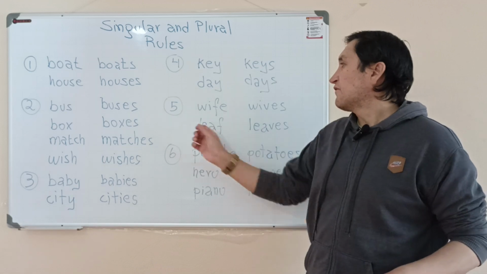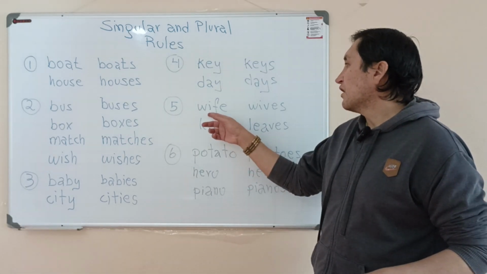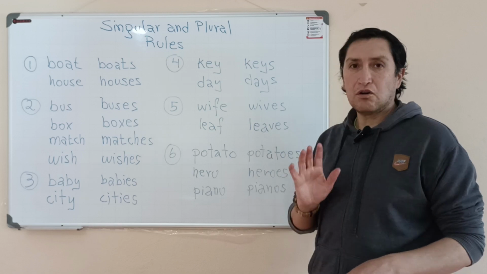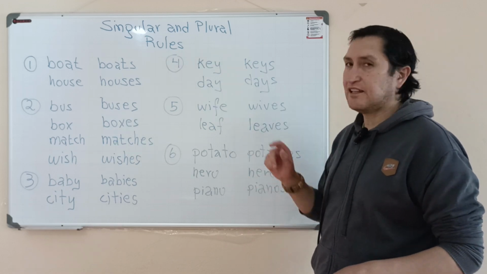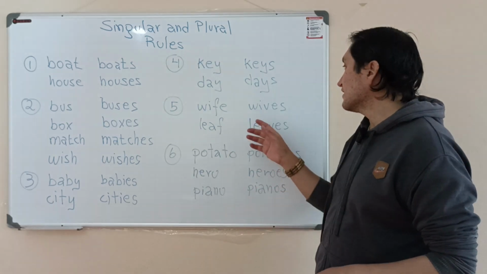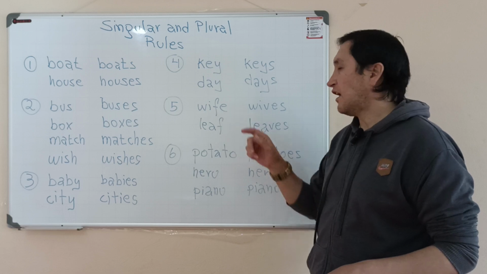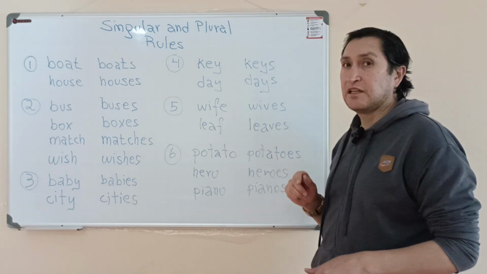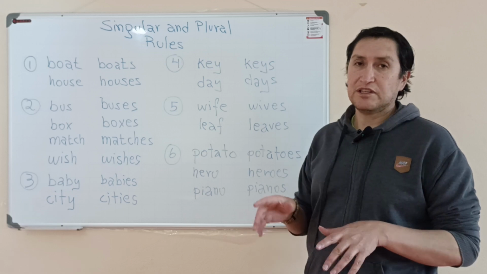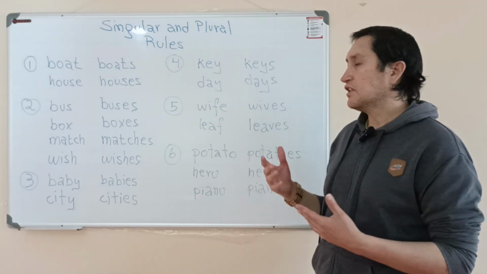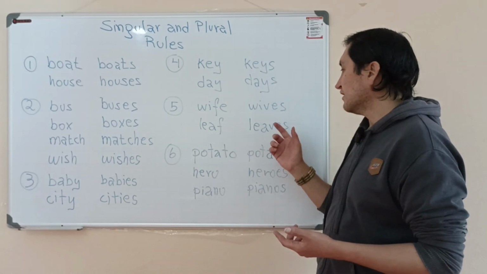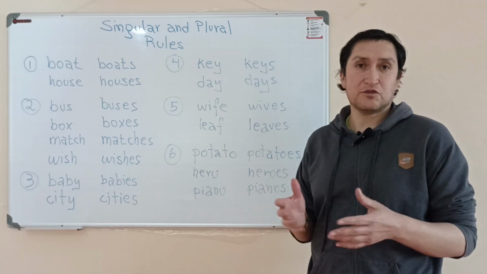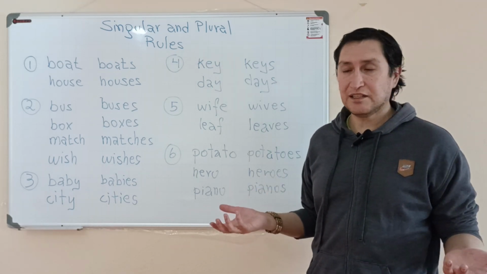Okay. Number 5, the nouns that end in FE, or simply in F. In those cases, we have to change the F letter into a V and end with ES, because it's not possible to add S after the V. It is going to be very difficult to pronounce, all right?